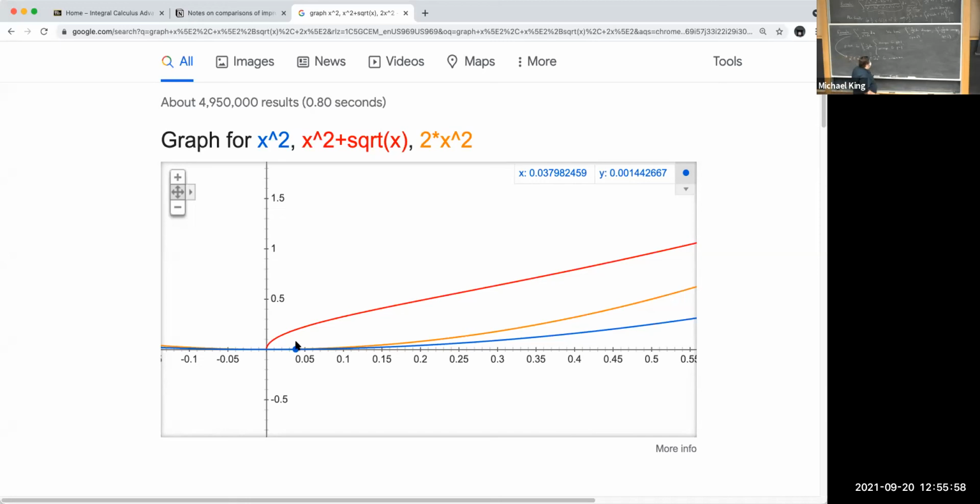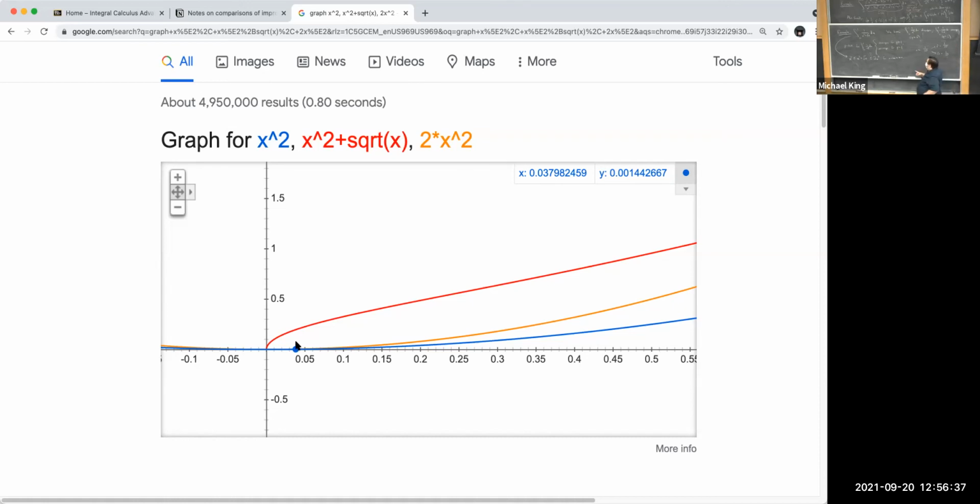If x is 1 over a million, then what is x squared? It's 1 over a million squared, which is 1 over a trillion, I think. But what's root x? 1 over 10 cubed, right? You're just going to have the power. So actually, root x is much bigger than x squared when x is close to 0.